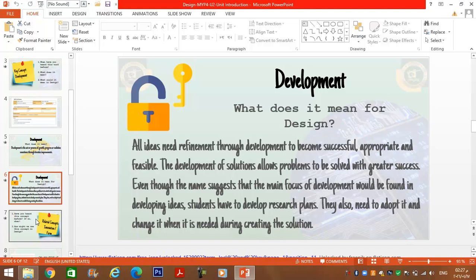The development of solutions allows problems to be solved with greater success, even though the name suggests that the main focus of development would be found in developing ideas. Students have to develop research plans. They also need to adapt and change them when needed during the creation of the solution.